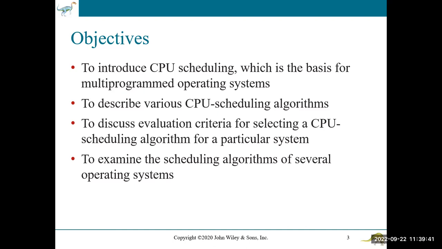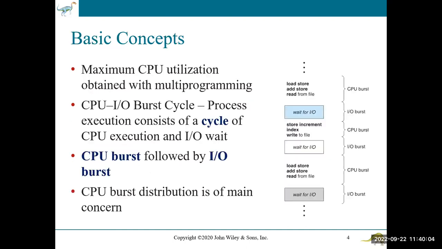Otherwise, you have a whole bunch of trains in a train yard and a lot of train wrecks, or a lot of intersections in busy cities and a lot of car crashes. I hope that makes sense. The goal of CPU scheduling is to maximize CPU utilization.